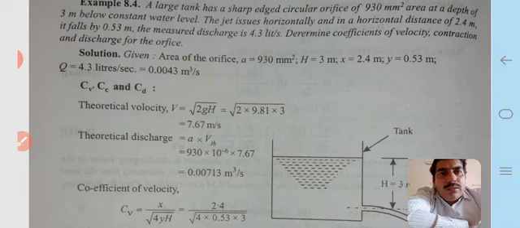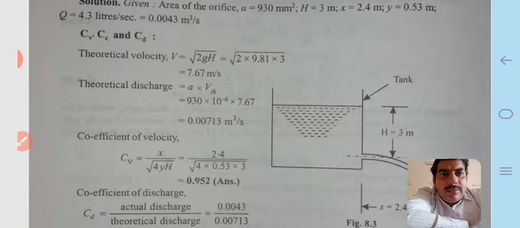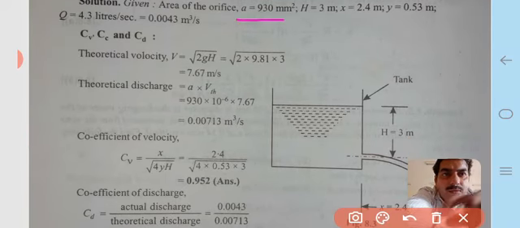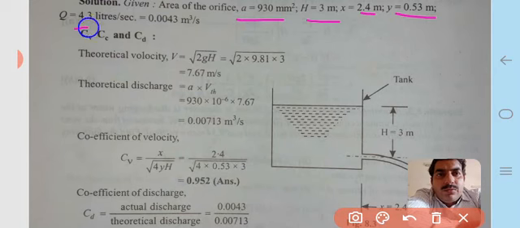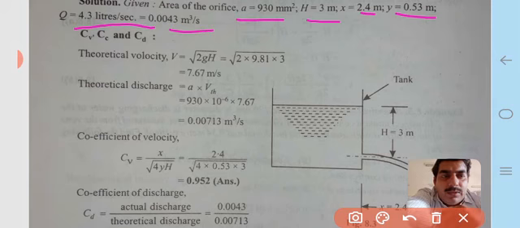Okay, so now given all the values, area of the orifice A is equal to 930 mm square, H is equal to 3 meter, X is equal to 2.4 meter, and Y is equal to 0.53 meter. Q is equal to 4.3 liters per second. It can be converted into meter cube per second, that is 0.0043 meter cube per second.